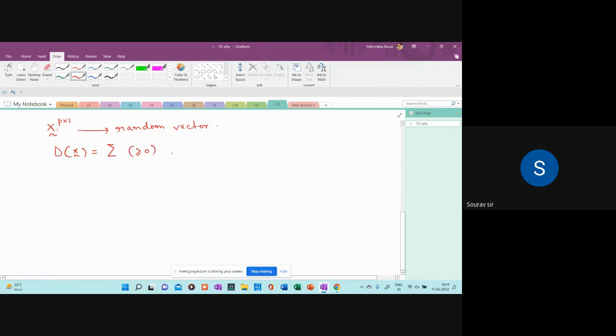And we are taking a transformation. This is very important. We are taking an orthogonal transformation from X curl to U curl. What will be the transformation?